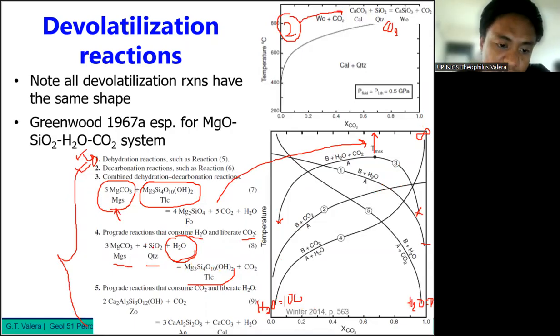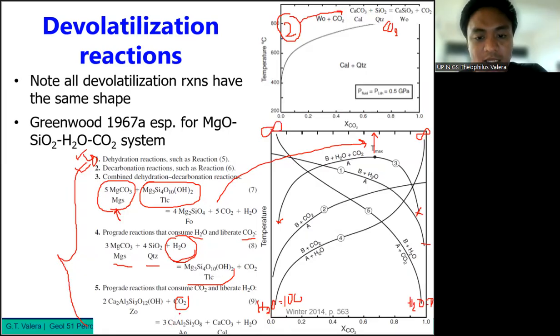And the same is true for reaction number 5, which consumes carbon dioxide and releases water. If you look at curve number 5, this one, it requires carbon dioxide. So if you don't have carbon dioxide, meaning H2O equals 100, then the reaction basically never happens, because you have no reactant.